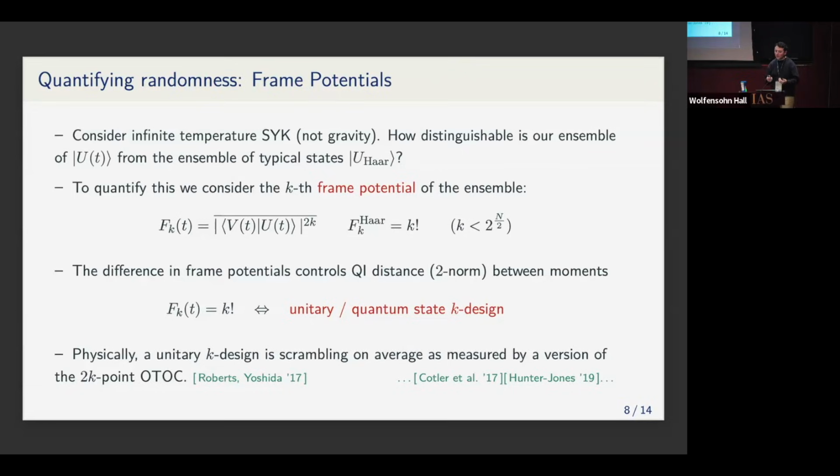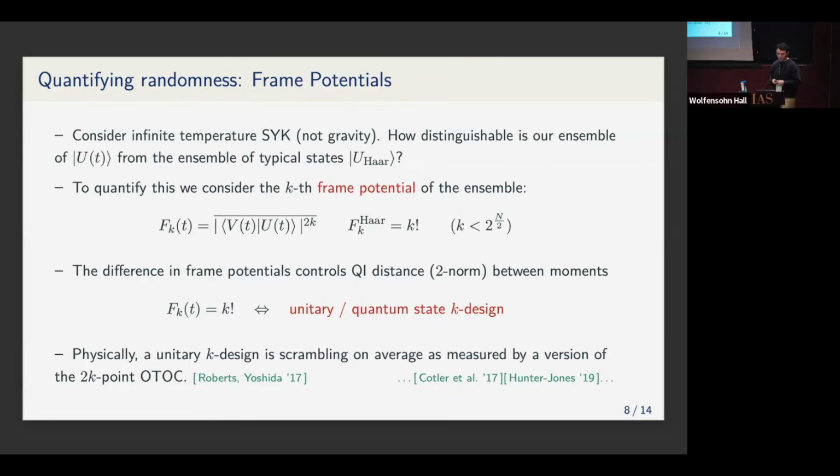For instance, if we have a unitary 2-design in front of us, that means that a typical member of a 2-design will be scrambling with respect to the conventional 4-point out-of-time-order correlator. So this k-design is a measure of a 2k version of the out-of-time-order correlator.